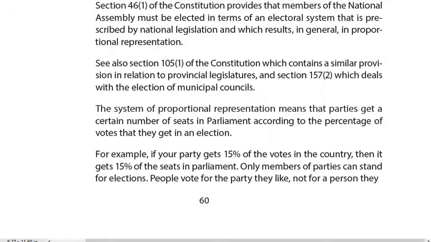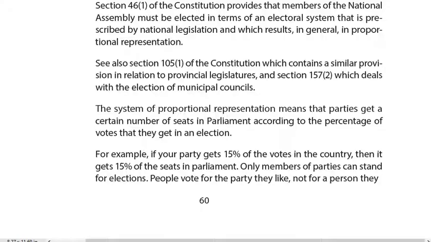The system of proportional representation means that parties get a certain number of seats in parliament according to the percentage of votes that they get in an election. That is our answer right there. Let's read the example. For example, if your party gets 50% of the votes in the country, then it gets 15% of the seats in parliament.